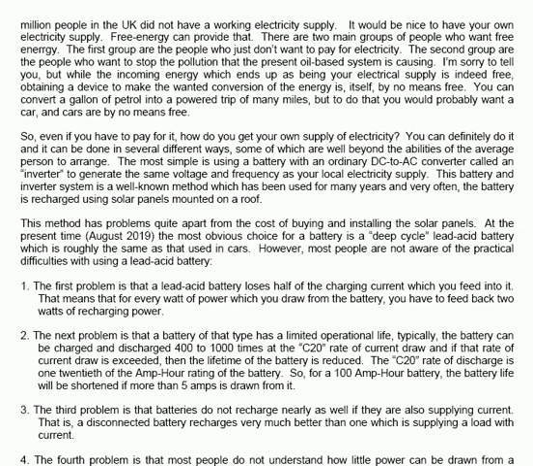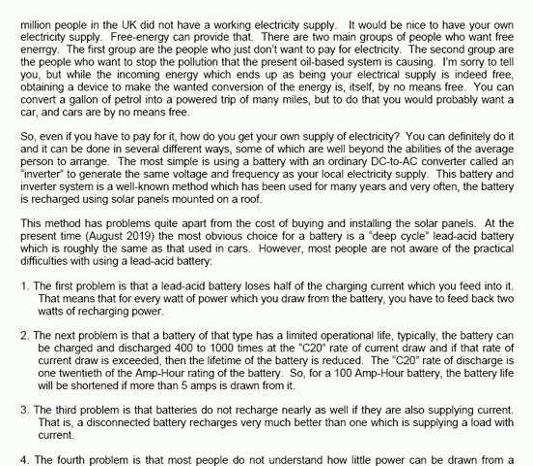At the present time, which is August 2019, the most obvious choice for a battery is a deep cycle lead acid battery, which is roughly the same as that used in cars. However, most people are not aware of the practical difficulties with using a lead acid battery.